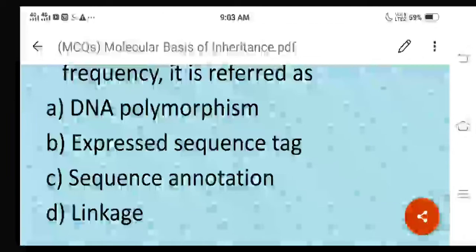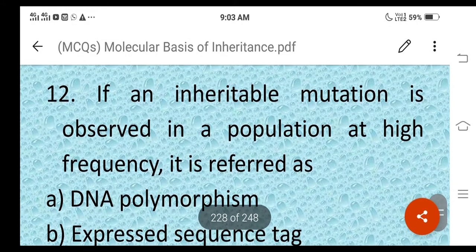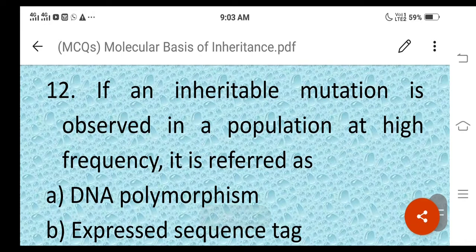Here, if an inheritable mutation is observed in a population at high frequency, it is referred to as DNA polymorphism. So option A is the correct answer.